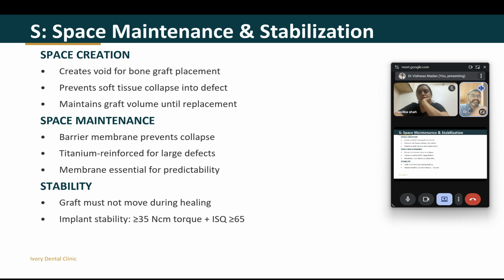That is why we choose to start grafting with the sinus lift, because there is already space inside. Why should we start our grafting journey with an extraction socket? Because there is already space, we don't have to create space. So that is the reason why the first case you will do will be a sinus lift.